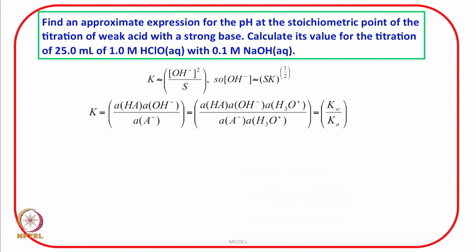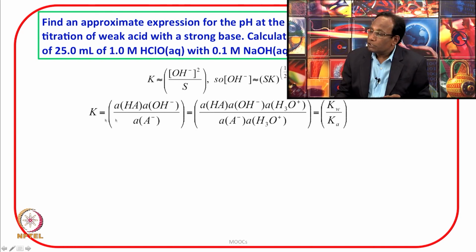K, which is activity of HA into activity of hydroxide ion over activity of A minus, can be written as activity of HA into activity of hydroxide ion, and let me divide and multiply by activity of hydronium ion and then combine these two. These two multiplication is equal to Kw, autoprotolysis constant of water.